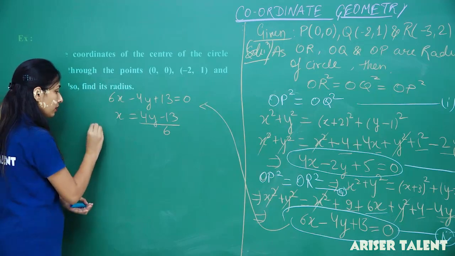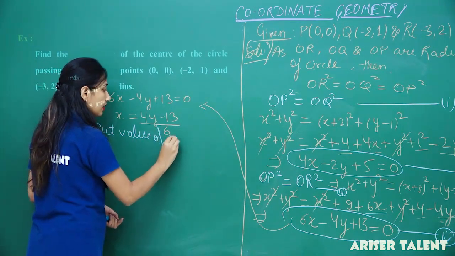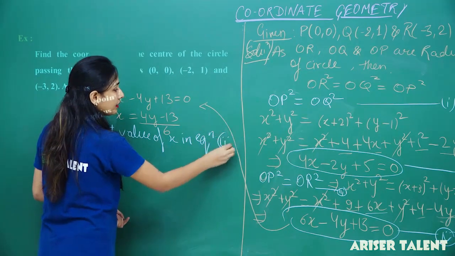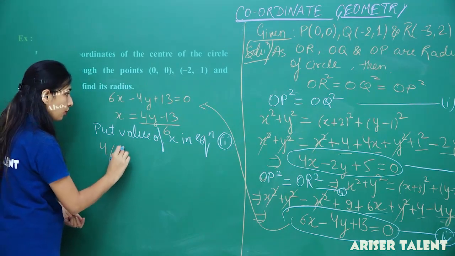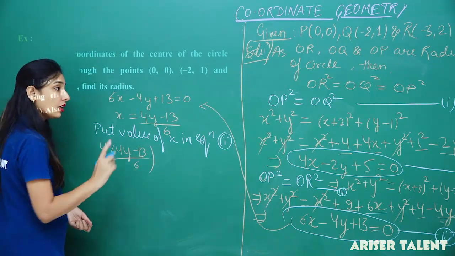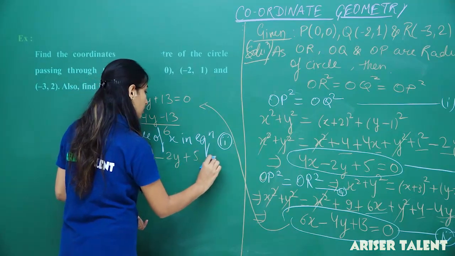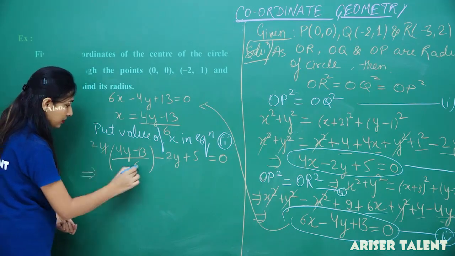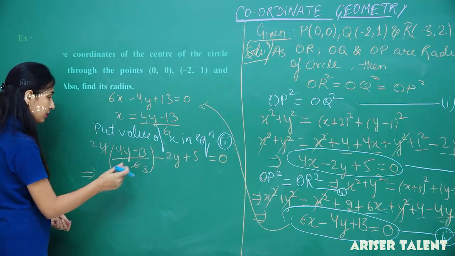Put this value of x in the second equation. Now the value of x is (4y minus 13) by 6, right? Then minus 2y plus 5 equals 0. From there I get 2 times, 3 times.